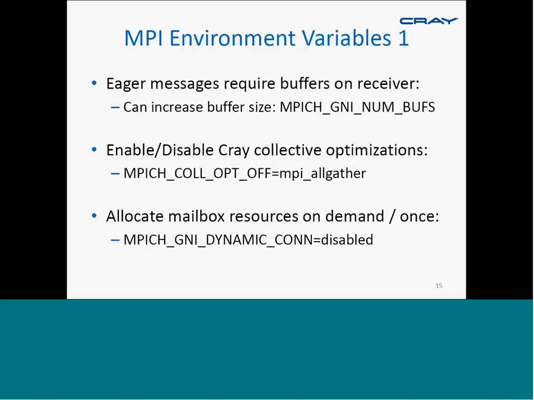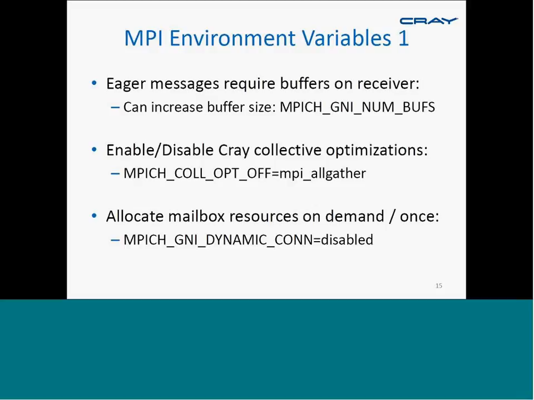Let's talk about some of the environment variables that can tune these. The three splits on message size we talked about earlier are probably the most important, but there are some other ones. We understand that there's a limited number of these small message mailboxes that receive eager messages.